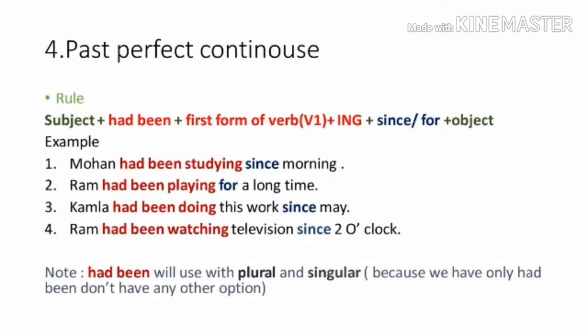We have to choose since and for according to the sentence, and the noticing thing is that we will use had been with plural as well as with singular. You can check out the examples that are written below.